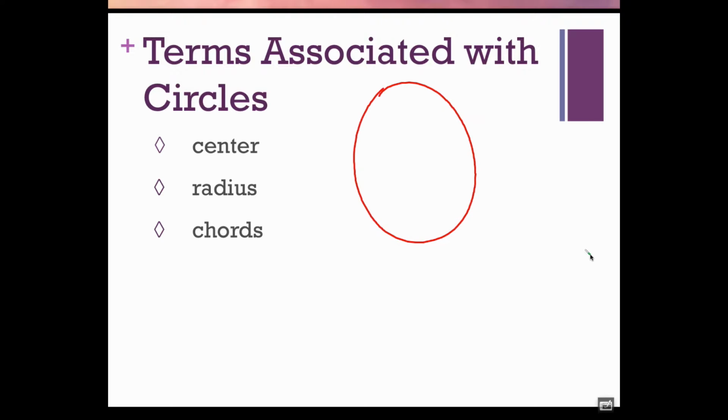A line segment that starts on one point on the circle and connects to another one, not going through the center. You can't pass through the center. That's a chord.